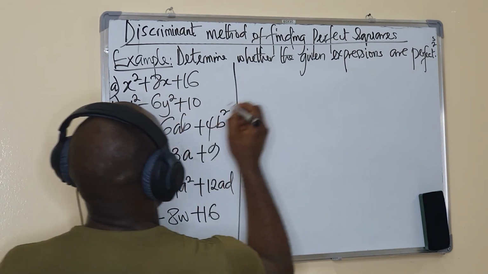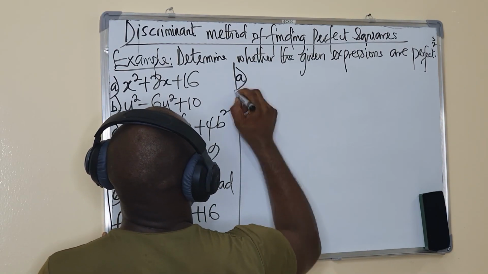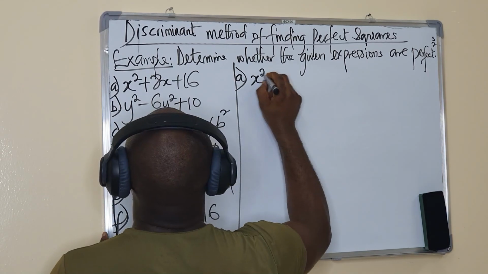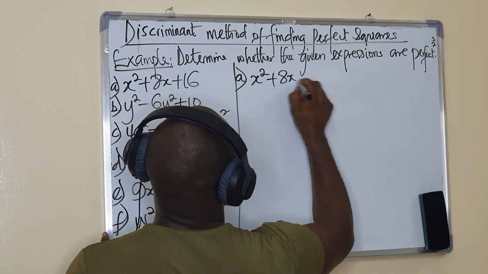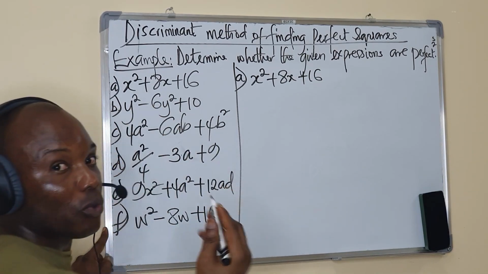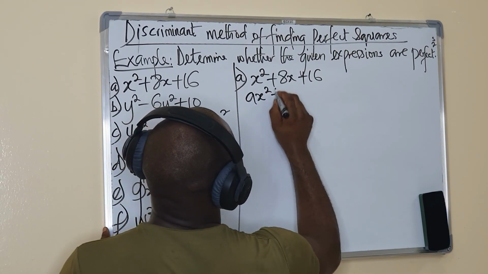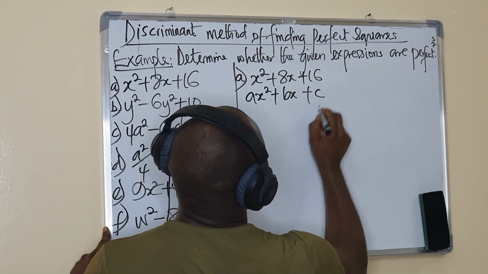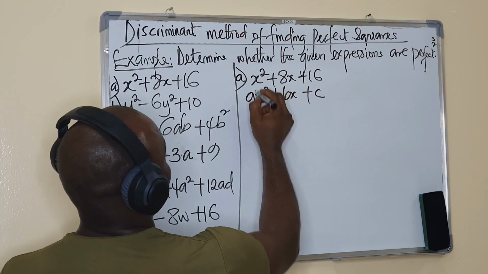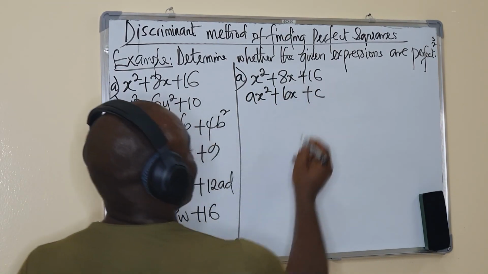The very first expression we are looking at is expression A, where we have x squared plus 8x plus 16. Using our general quadratic formula, which is ax squared plus bx plus c, you notice that our a in this expression is 1, our b is 8, and our c is 16.